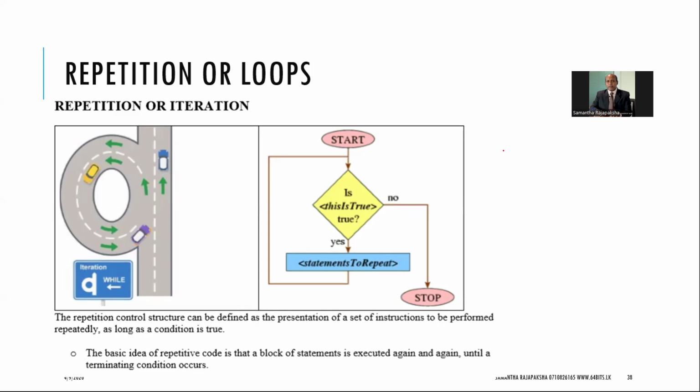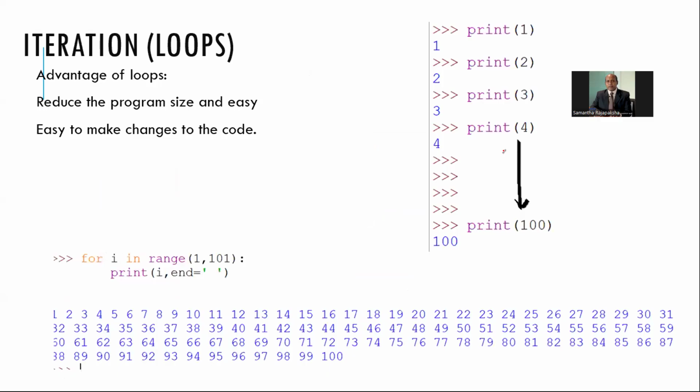So initially we want to understand why you need these loops when you are writing programs. What are the reasons we want to have these loops, and what is it actually? If you take an example, let's say I want to print numbers 1 to 100.